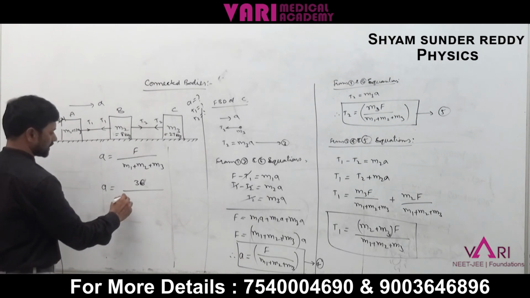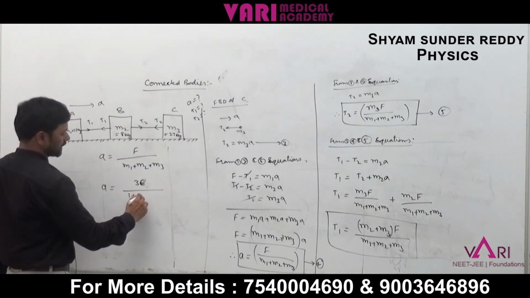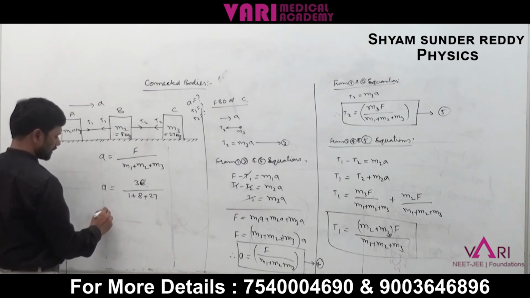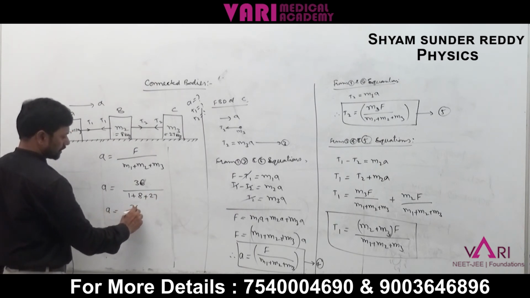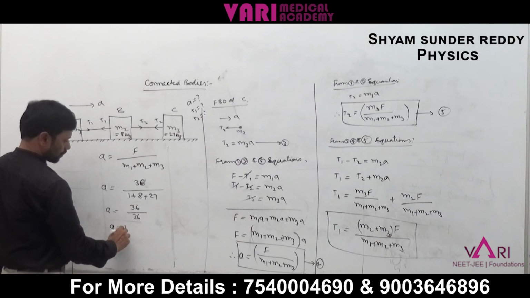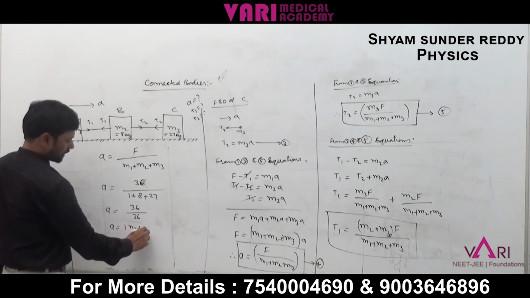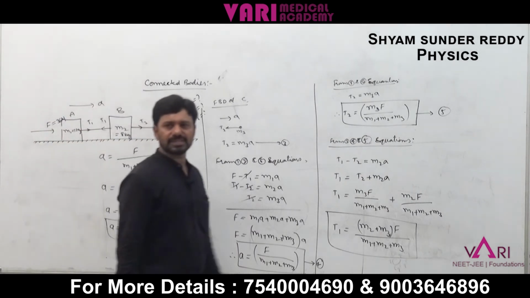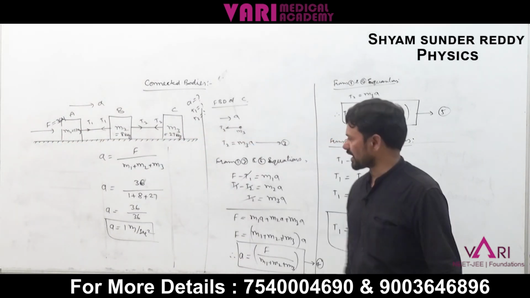M1 is 1 kg, M2 is 8 kgs and M3 is 27 kgs, right? So A is equal to 36 by 1 plus 8 plus 27, 36. A is equal to 1 meter per second square. Acceleration of the system is 1 meter per second square.